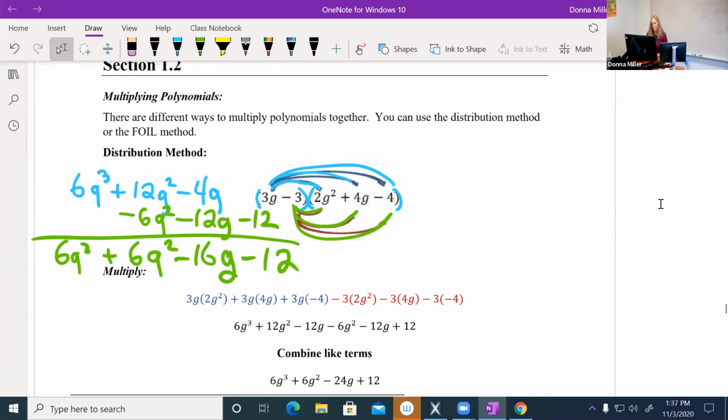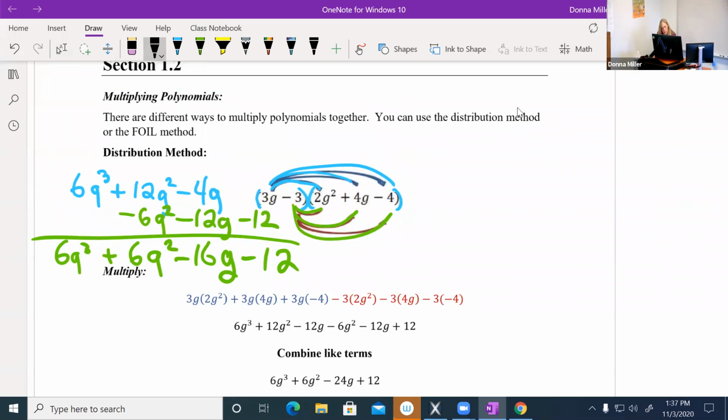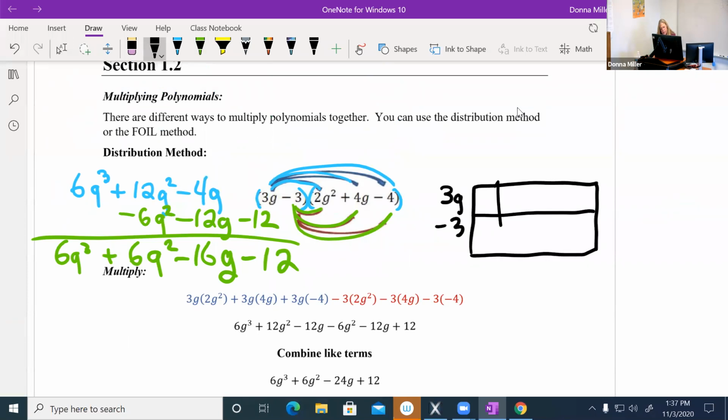Just to mention, there is another method called the box method. What you do is make a box. This would be a 2x3 box because there are 2 terms in the first and 3 terms in the second. You put the terms on the outside, and basically you multiply every row by every column.